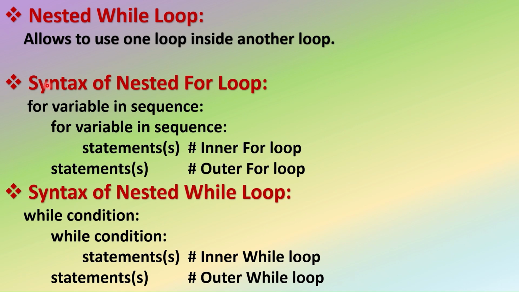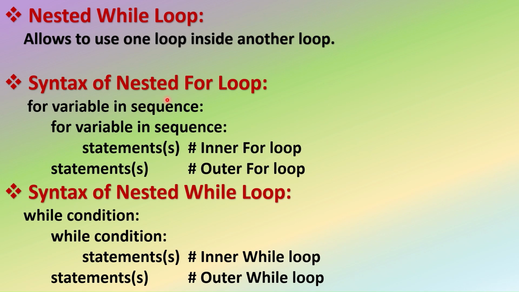So let's see the syntax of the nested for loop first. Here, this is the main loop, or I can say the outer loop. Normally we specify the for loop as for variable name in sequence. Here I have given this set of statements, and inside this, followed by the indentation, we have another loop, for variable in sequence.